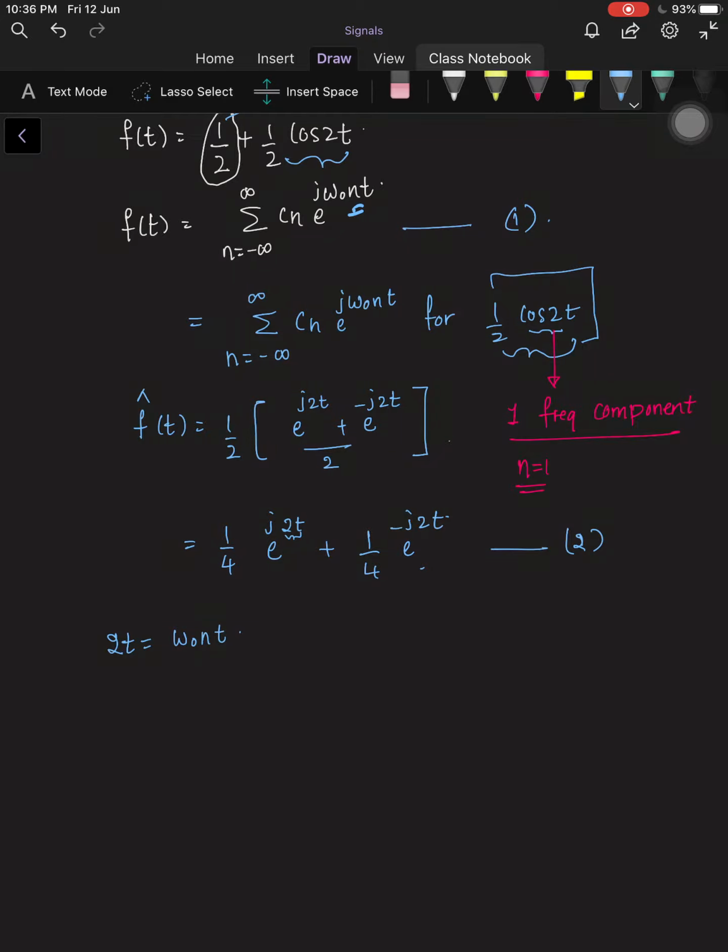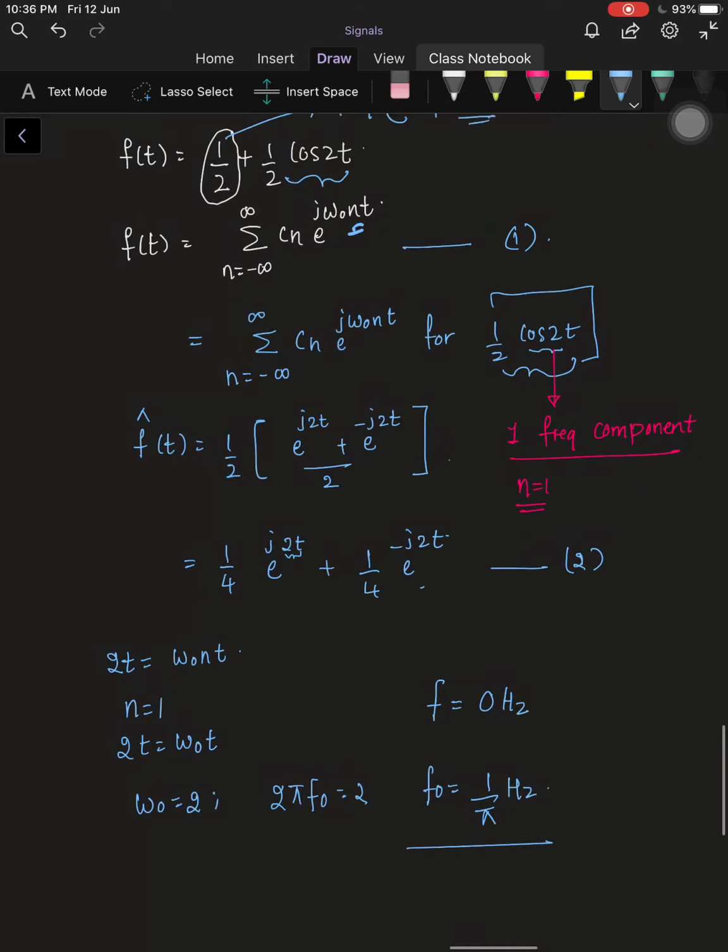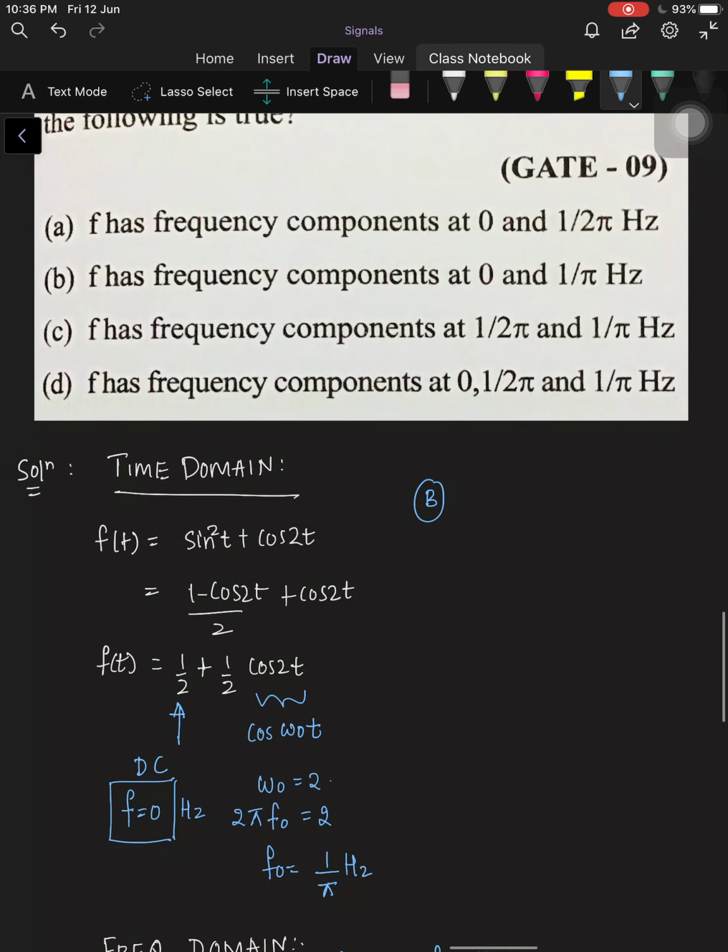So n will be 1 here, and 2t is omega naught t, and omega naught will be 2. So again with the same approach, 2 pi f naught is 2, so f naught will give us 1 by pi hertz. And we already know that there is one more frequency component at 0 hertz. That should give us the answer as B again.